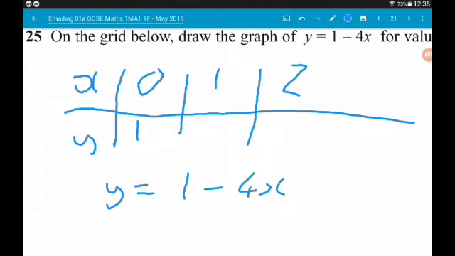When x is 1, y is 1 minus 4, which is minus 3. And when x is 2, y is 1 minus 2. No, it's not. It's 1 minus 8, which is minus 7.